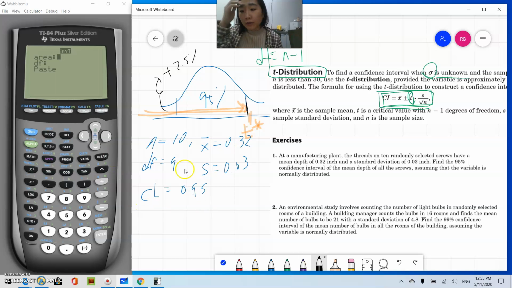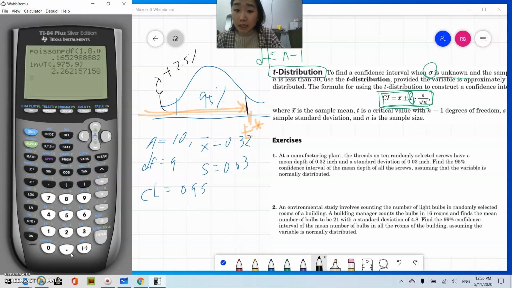So this is a review of how to use inverse norm, inverse t. So my area is actually 0.975, and degrees of freedom is 9. Once I have that, it gives me my t star, which is 2.26.